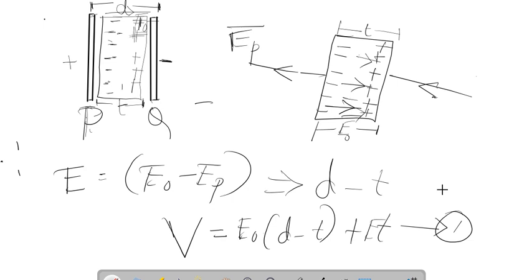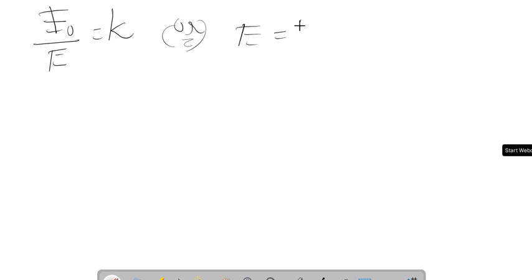Here V is the potential difference between the two plates of the capacitor, where E naught divided by E is equal to K, or E is equal to E naught divided by K.